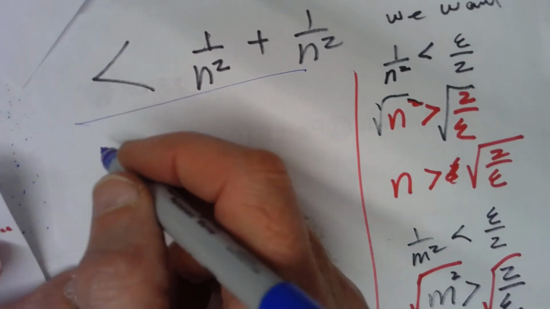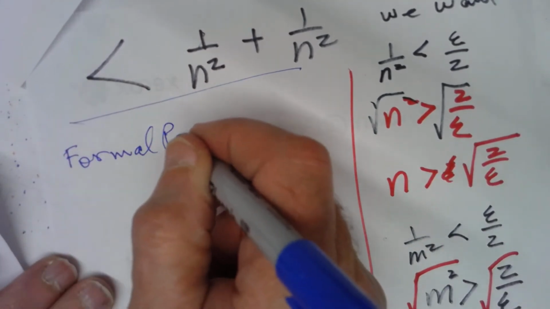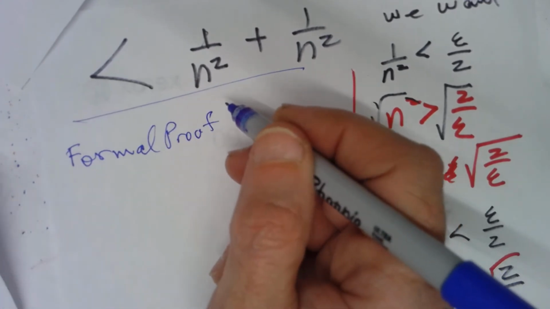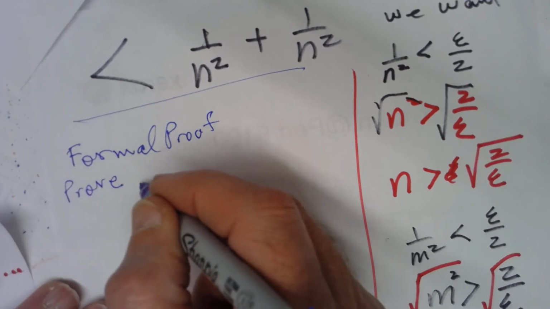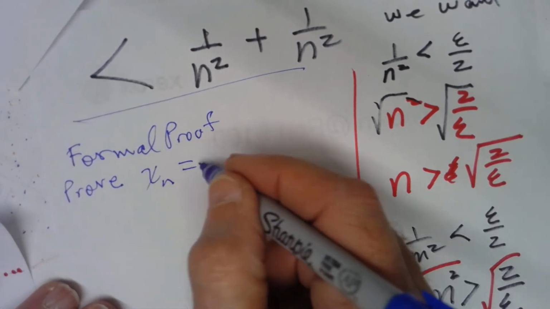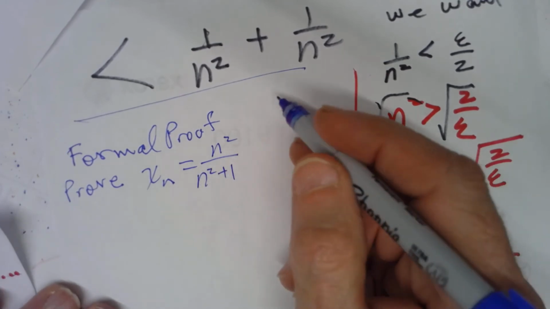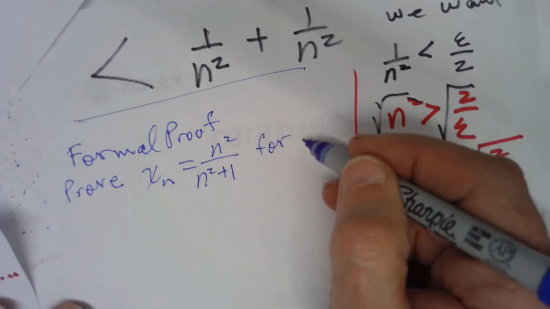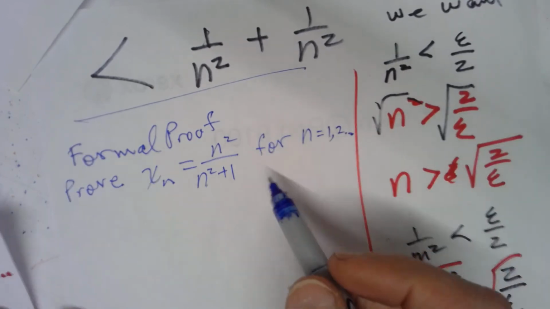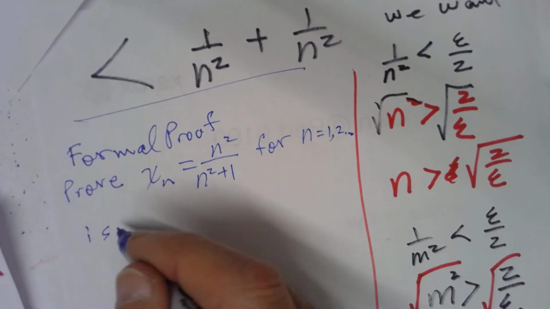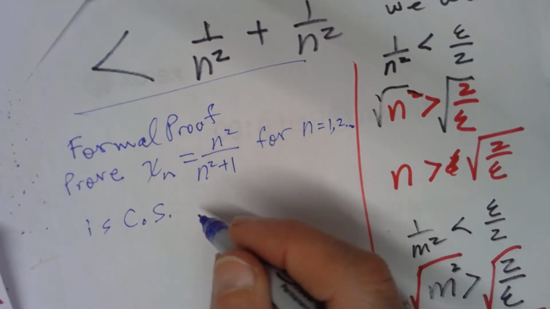We can say formal proof, where we want to prove x of n is equal to n squared over n squared plus 1, for n equal 1, 2, and so on, is a Cauchy sequence.